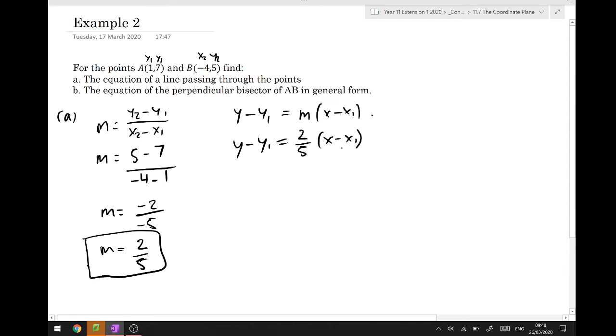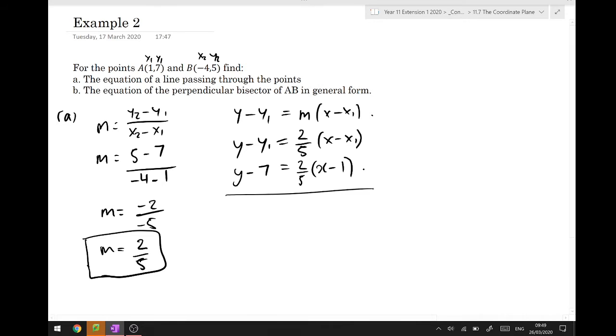It doesn't matter which point I replace, the negative 4, 5 or the 1, 7, but because I've already got the ones labelled, I may as well use that point. So y1 is equal to 7, so we get y minus 7 is equal to 2 on 5 lots of x minus, and x1 is 1. Now that is enough. That is an equation that is true for this line.